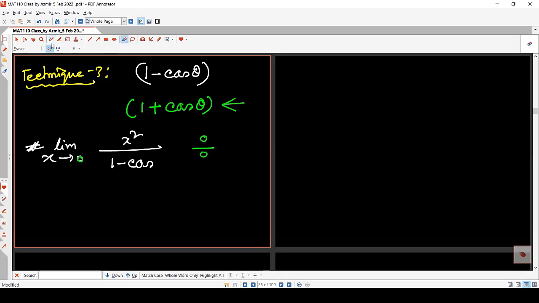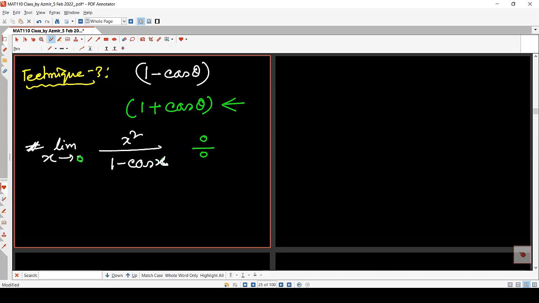So this is an indeterminate form, but we can't apply L'Hopital's rule here. It is mentioned that you have to apply the algebraic manipulation technique. So we are not going to apply L'Hopital's rule; we are going to apply the algebraic manipulation technique.